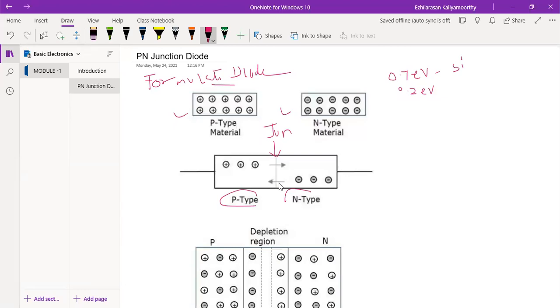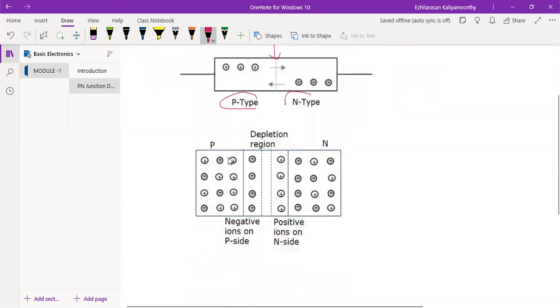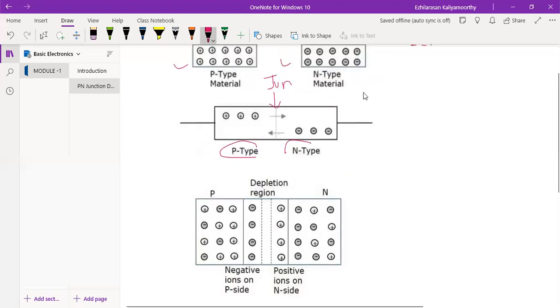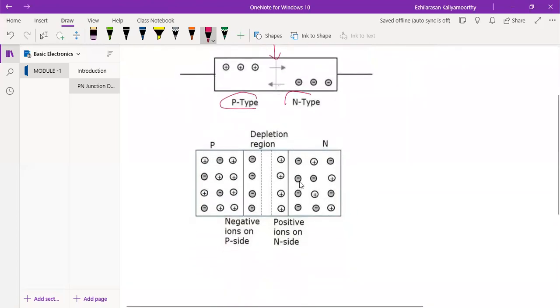In a p-type material, the majority carriers are holes and the minority carriers are electrons. In n-type material, the majority carriers are electrons and the minority carriers are holes. In this diagram, the holes will be denoted as small circles and the electrons will be there like this.